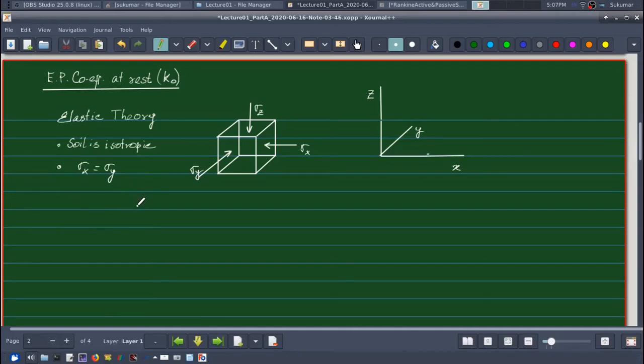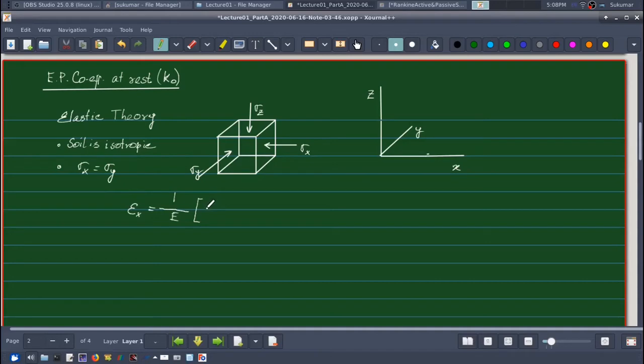So let me write down the expression for lateral strain in x direction, epsilon x, normal strain in x direction. This will be given by one over E times the stresses in x direction.